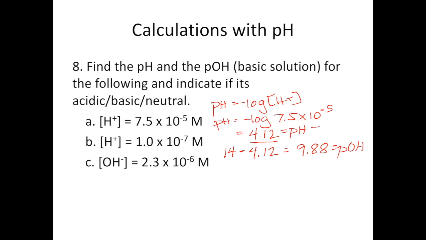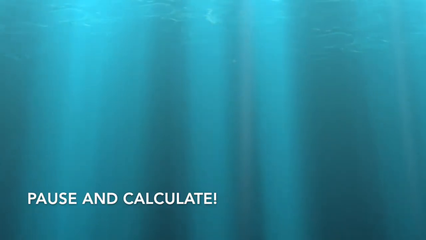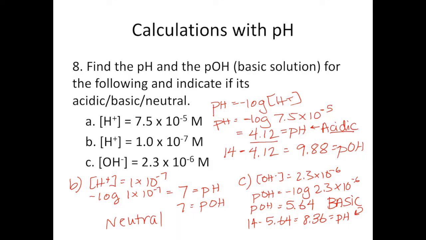Okay, is this acidic, basic, or neutral? We always look to the pH to tell us that. And since this is below 7, this is acidic. I want you to do the same thing for B and C. All right, B is neutral because it's pH 7. pOH then would be 7.